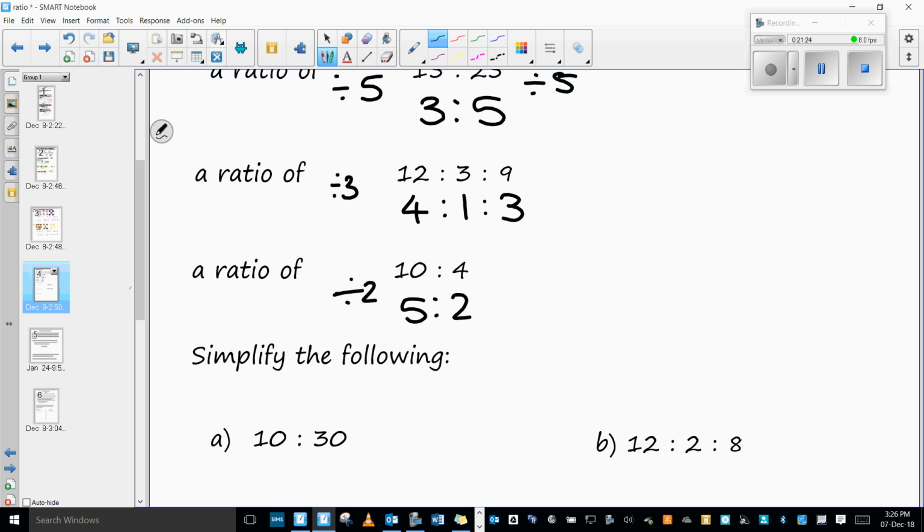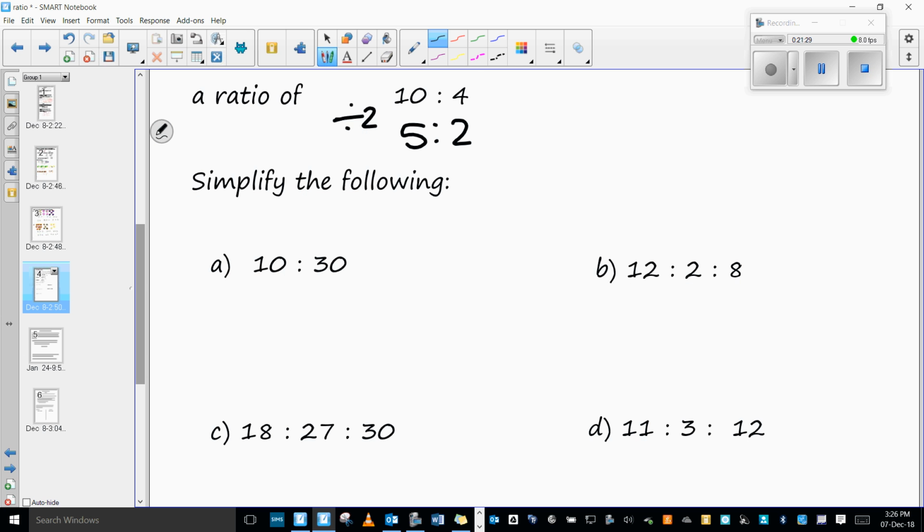Awesome. Now, as with fractions, we need to go as big as possible. So 10 and 30. Well, I know that 2 goes into both of those 2 numbers, so I can have 5 and 15. Have I gone as small as possible? No. No, because, Fasika, what number goes into 5 and 15? 10 doesn't go into 5, sweetheart. 3 doesn't go into 5 either. 5 is a prime number, so doing 1 is not going to help.